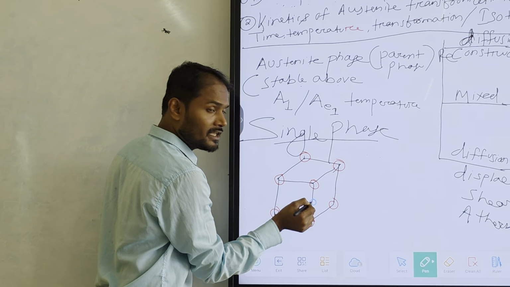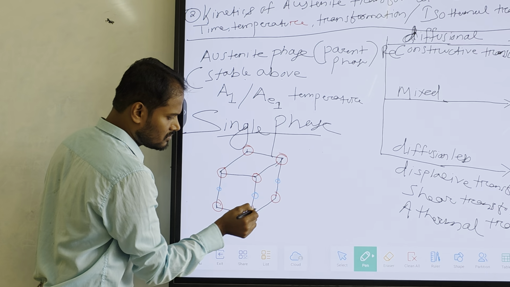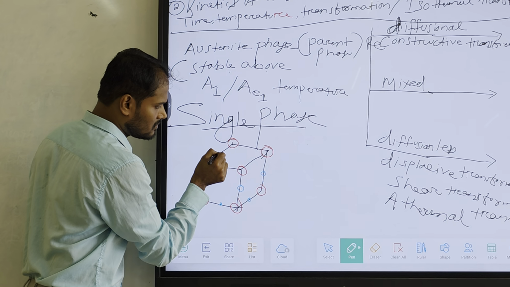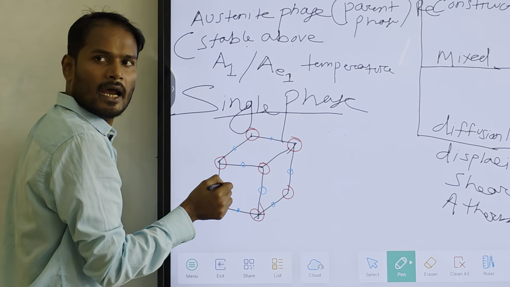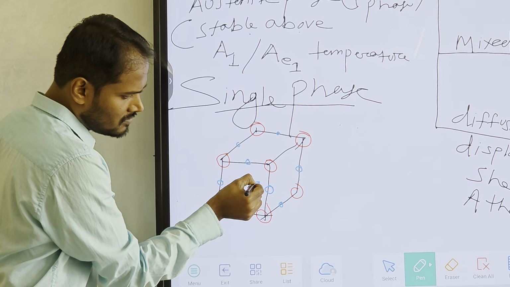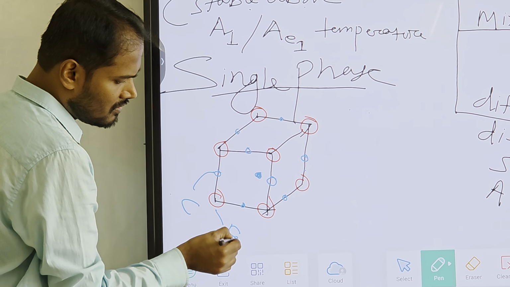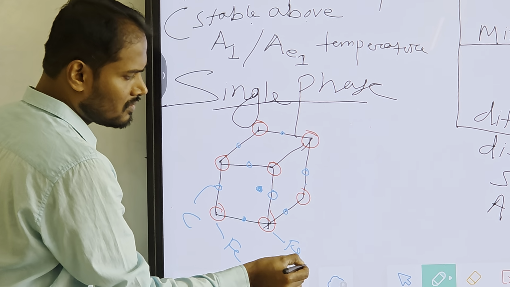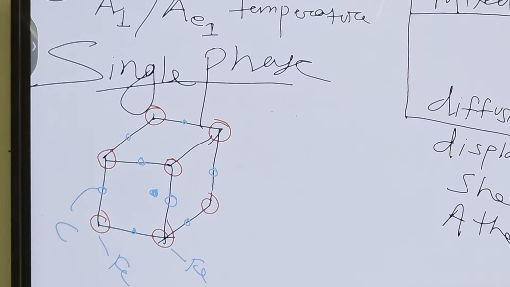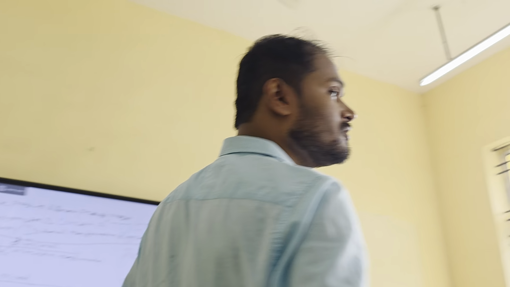It will be here, a small carbon atom at the edge, and at the center of the body, like the body center. So this is carbon, this is Fe. This is a simple unit cell. I'm talking about the unit cell. So this is the structure, right?